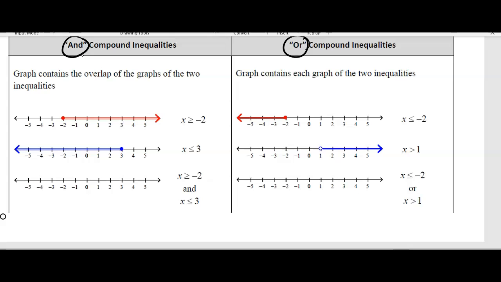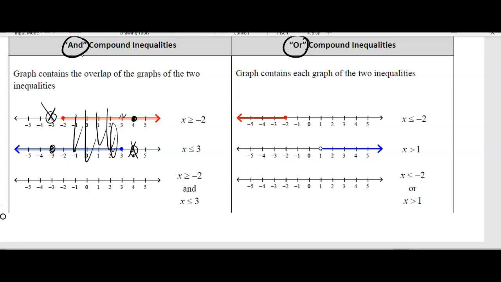So like if I pick the number negative 3, it doesn't work here, but it does work down here. And also if I pick 4, it doesn't work there, but it works there. But any of these numbers in between all work, okay? So when we combine them, here's how it looks.